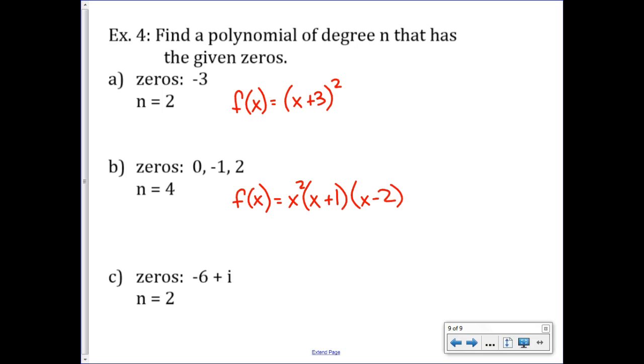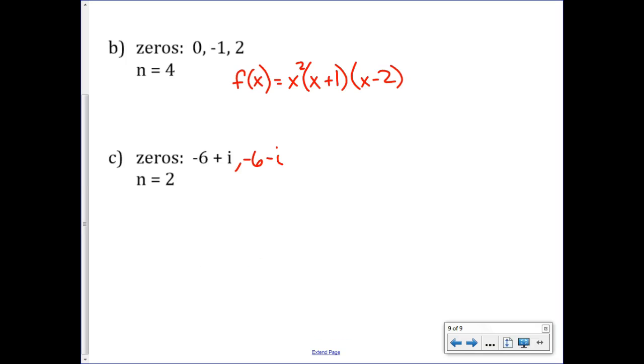Alright, this one is a degree of 2. I have negative 6 plus i, but if I have negative 6 plus i, then I also need negative 6 minus i. So if I use negative 6 minus i, then this is what it looks like.